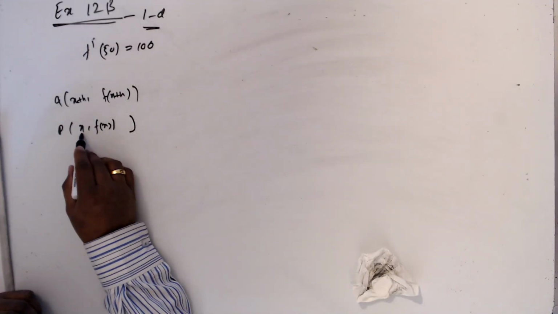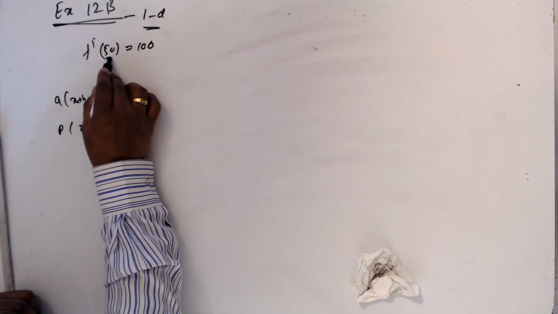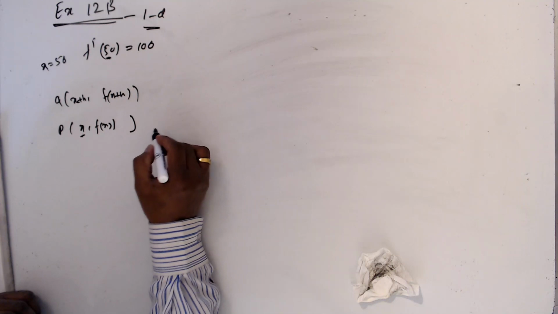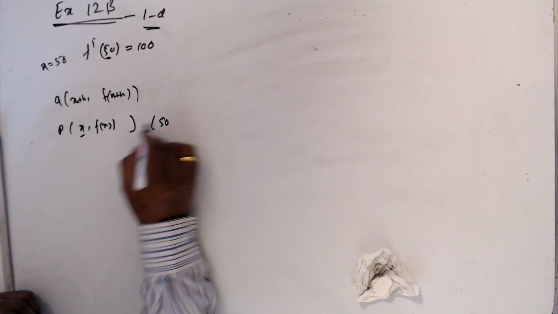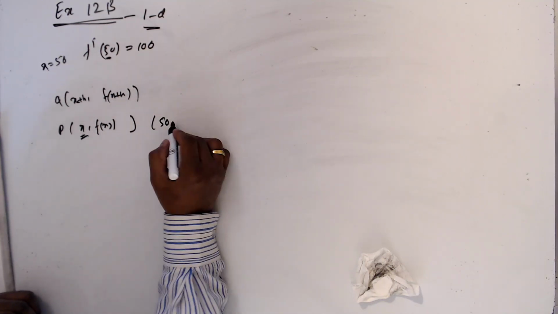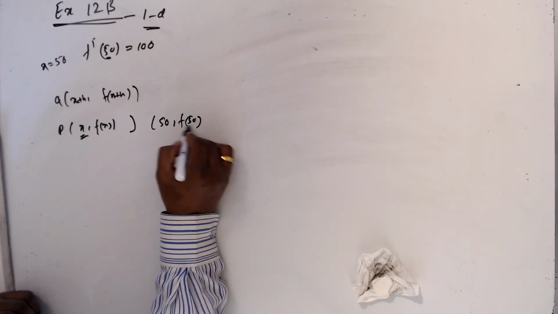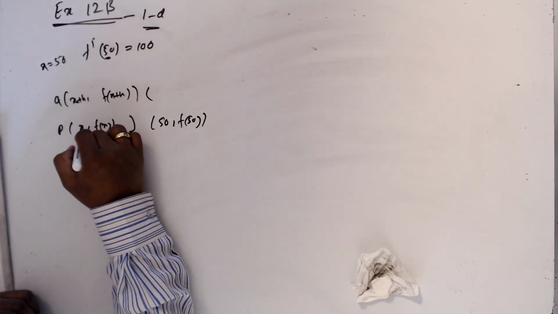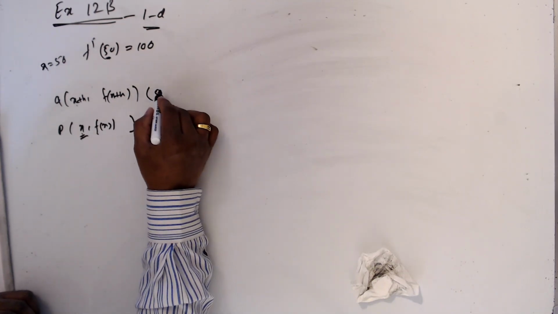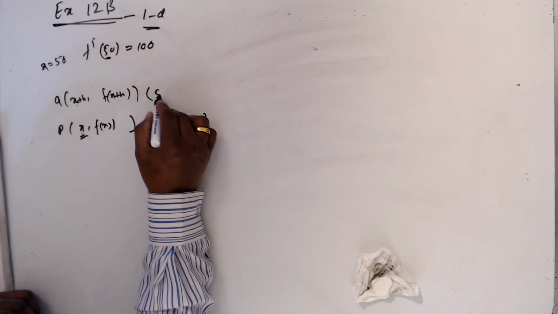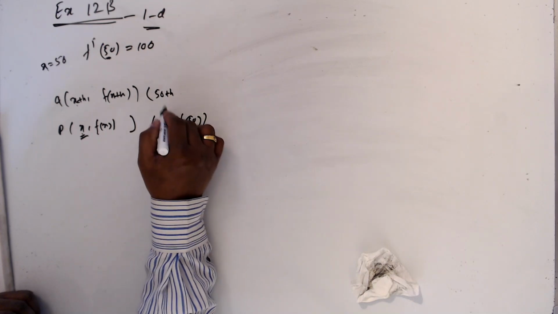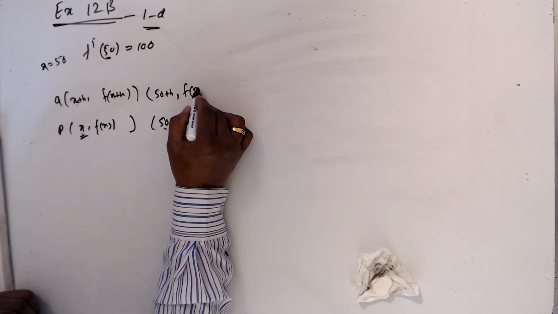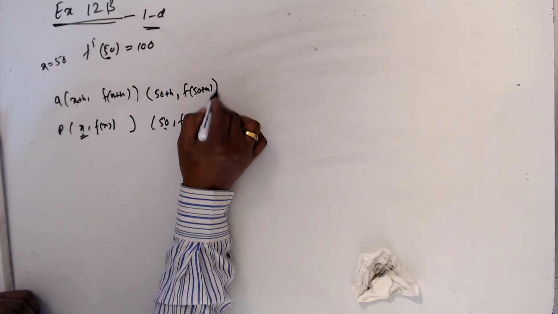Now instead of x, we need the point when x equals 50. Then this is going to be f(50), and if this is 50, then h away from 50, and the other one is f(50 plus h).